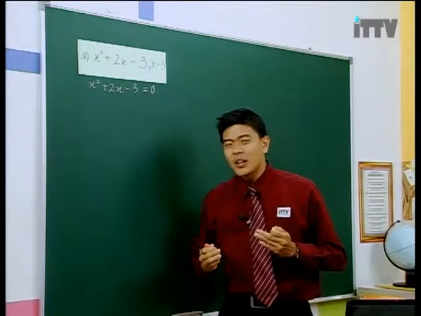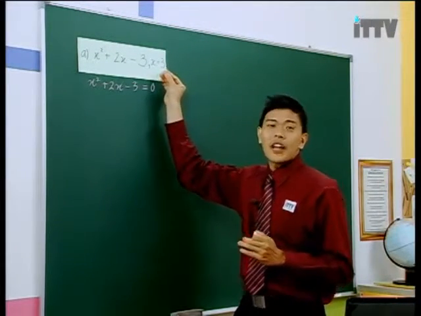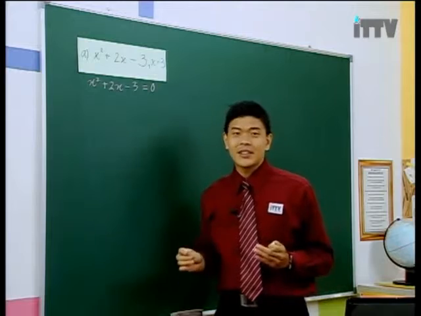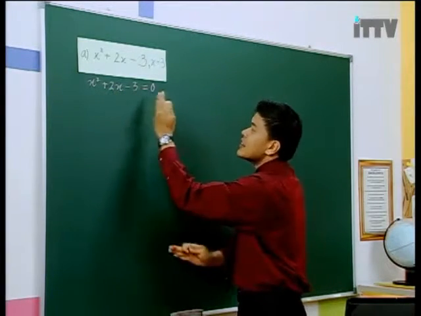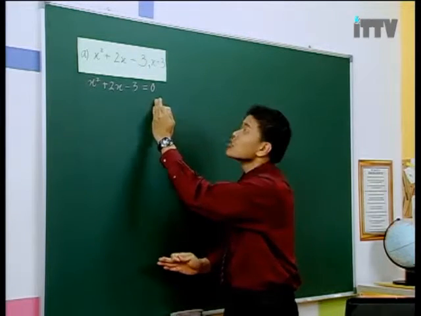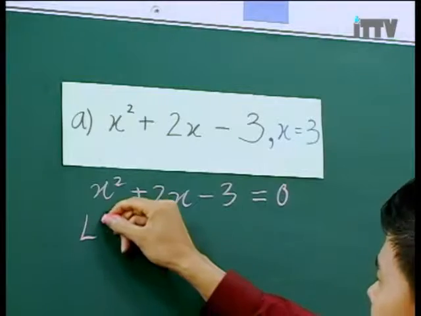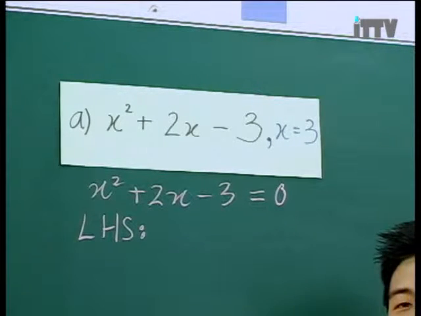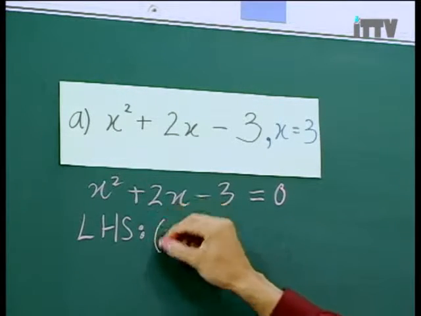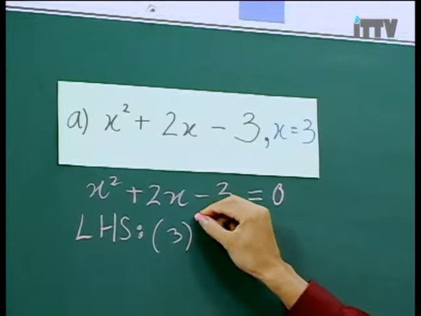Now, remember what is the step? Substitute the value of the given x inside the left hand side. Alright, so this is the left hand side, this is the right hand side. So when I put x equals 3 inside the left hand side, all x must be replaced with 3.